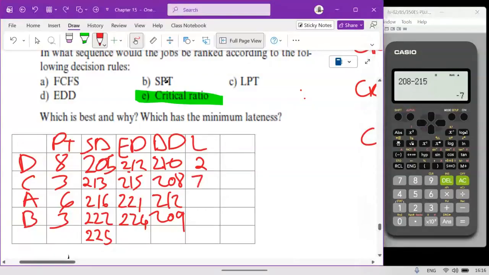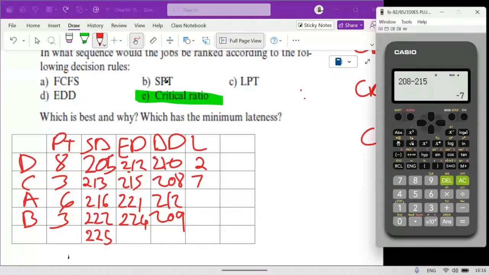And 212 and 221, 212 minus 221, we have a 9.